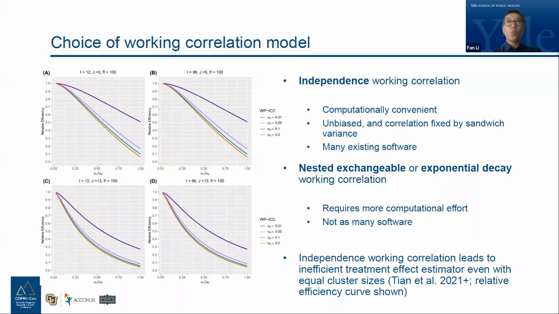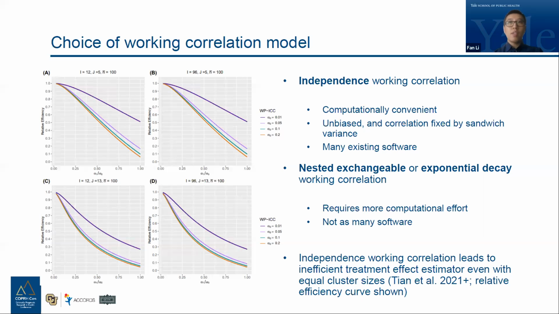For the independence working correlation, it is generally computationally convenient to carry out the calculations under these assumptions. Essentially, it is unbiased for the estimation of the intervention effect, and the correlation is fixed by the sandwich variance in the inference stage. And there are many existing software packages that can carry out GEE with an independence working assumption.